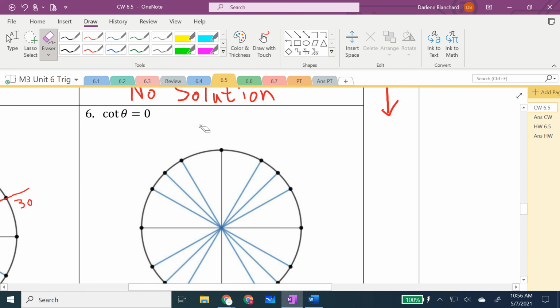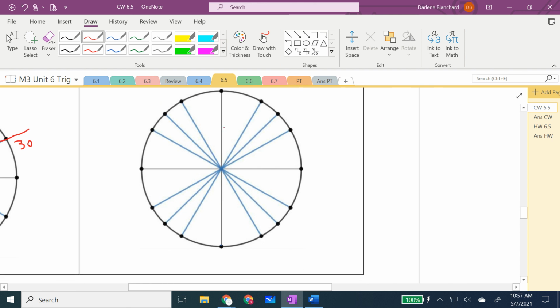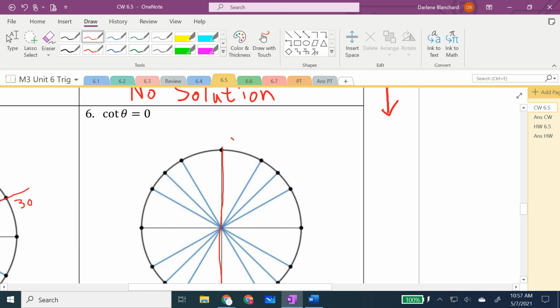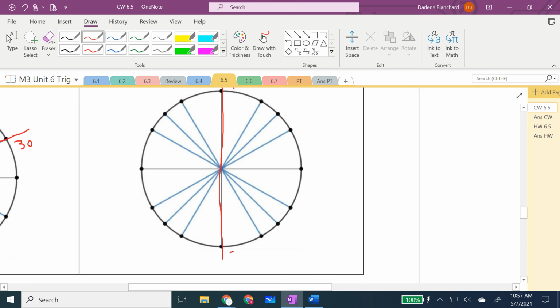Cotangent is the reciprocal of tangent. Cotangent is 0 where tangent is undefined. And that is your 90-degree angle and your 270-degree angle.